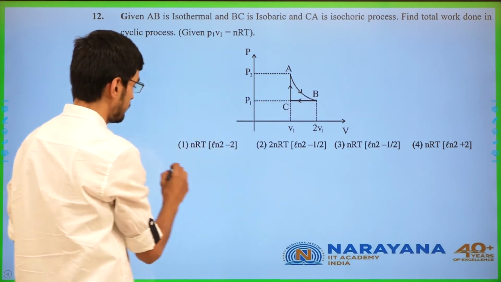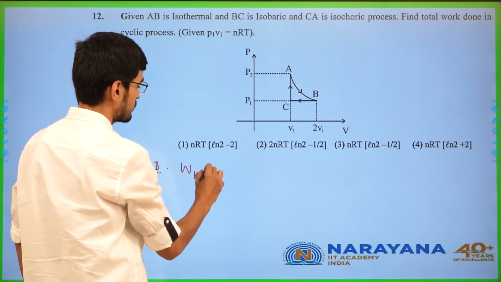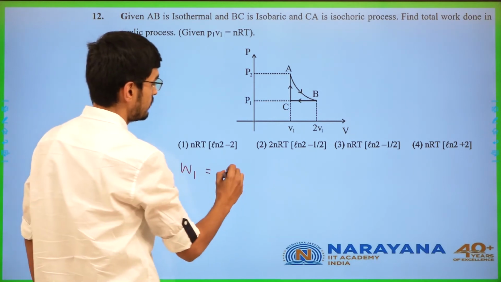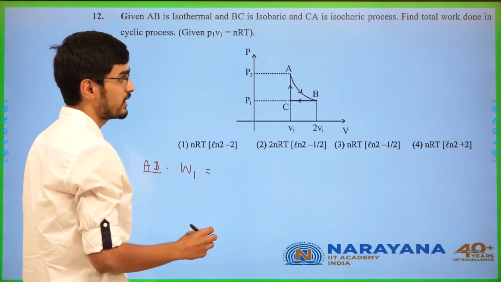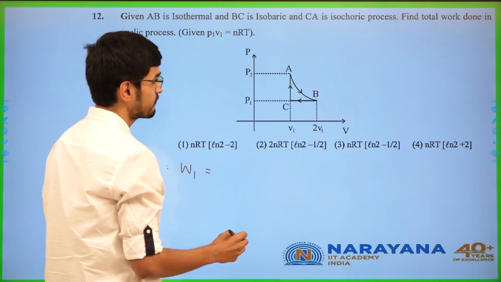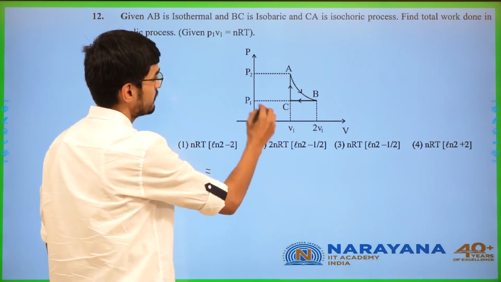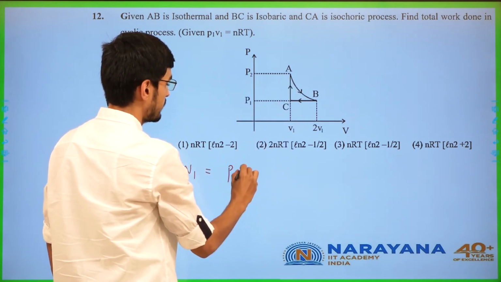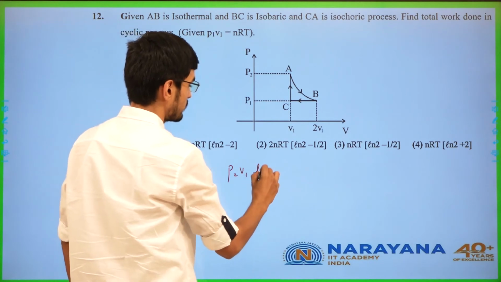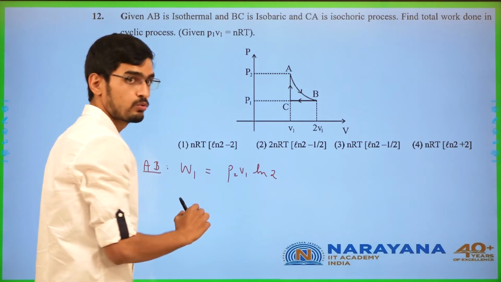For A to B, work done in AB, let us call it W1, will be equal to, for isothermal process, nRT ln V final by V initial expression. So here nRT can be written as the product of pressure and volume at any one point. Let's say P2V1 into ln of final volume by initial volume, that is 2. The ratio of volumes is 2.